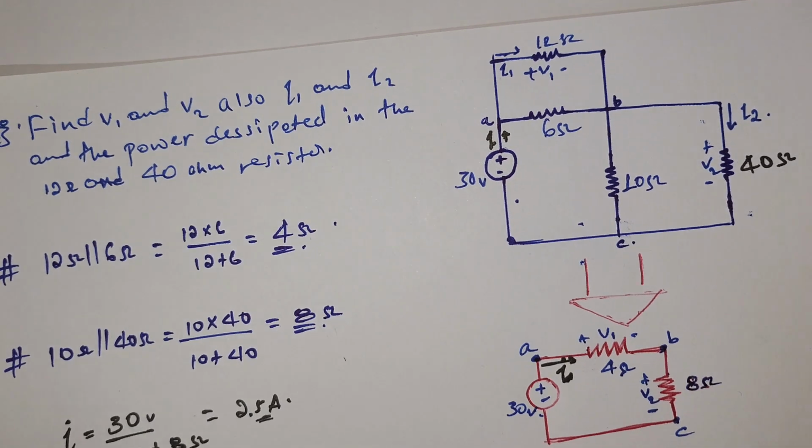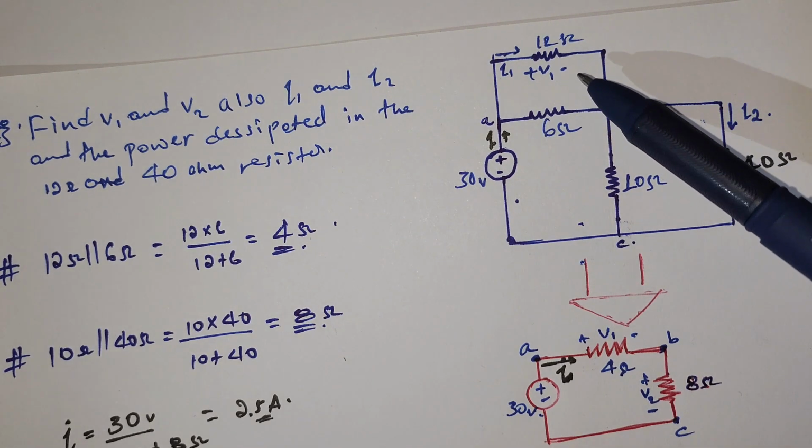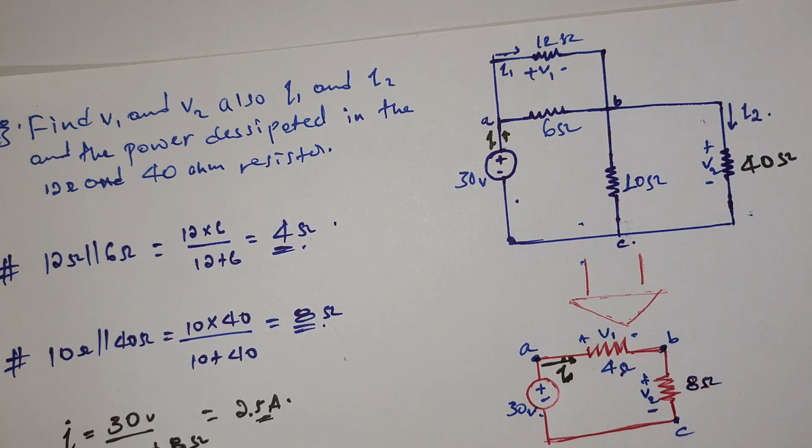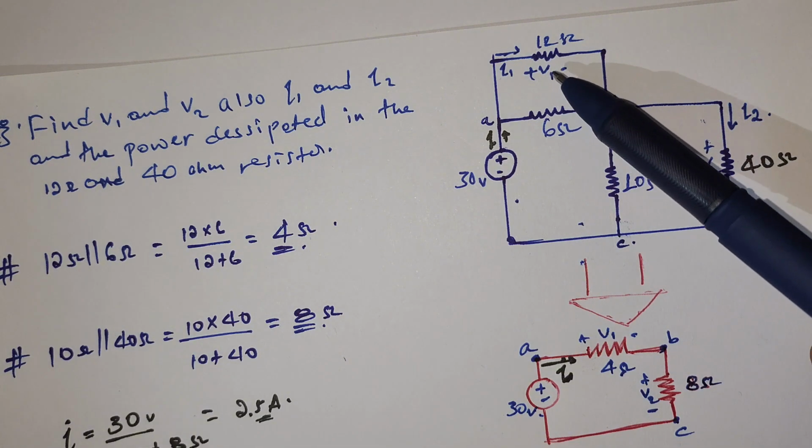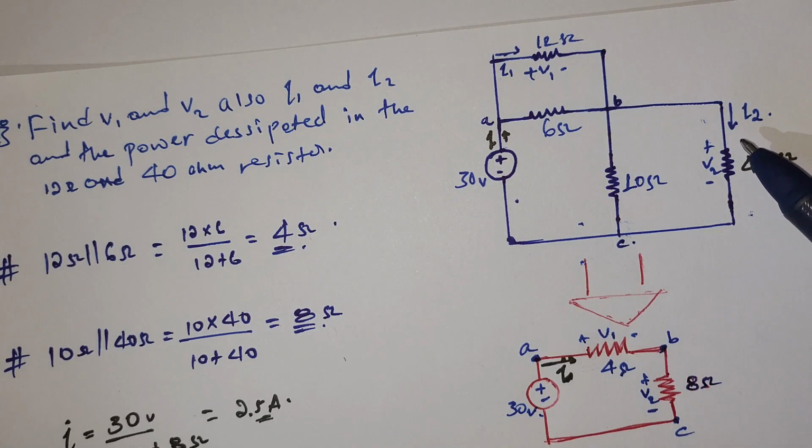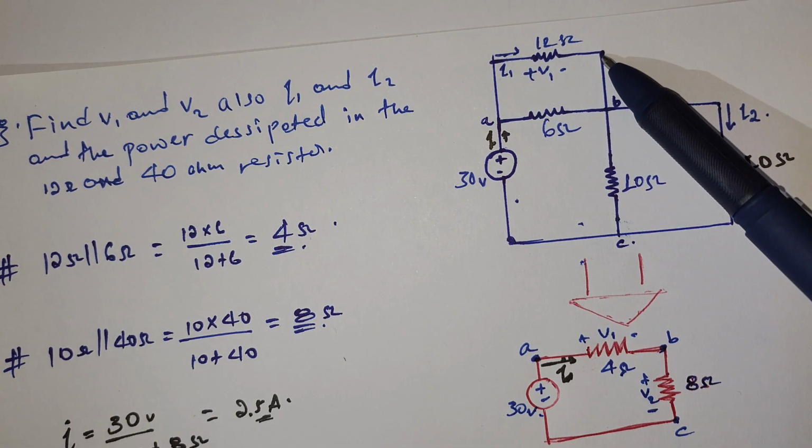Now let's come to this problem. As you see, this is the circuit, and we are asked to find V1, the amount of voltage across this resistor, and V2, the voltage across the 40 ohm resistor, and also I1 and I2, the current on this branch and the current on this branch.